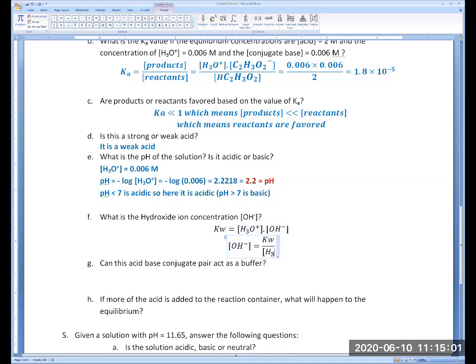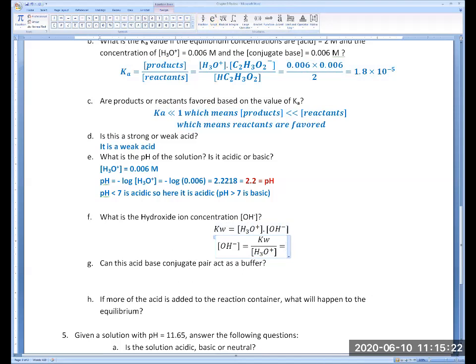So that's how the formula becomes when you are looking for OH minus. It's Kw over H3O plus.